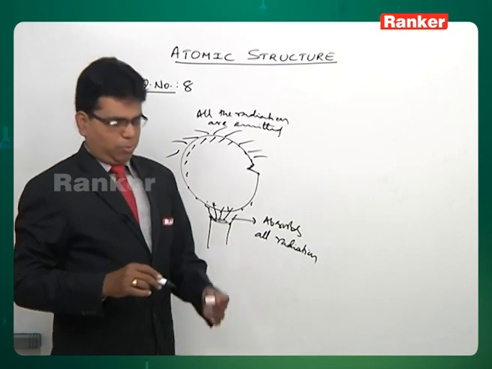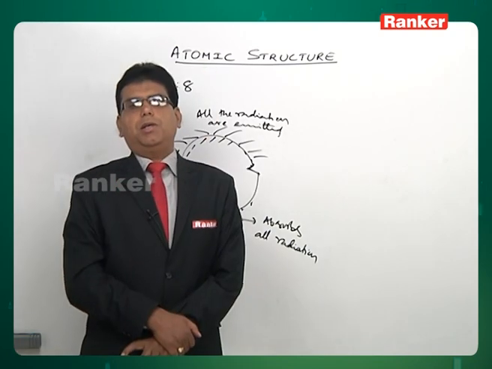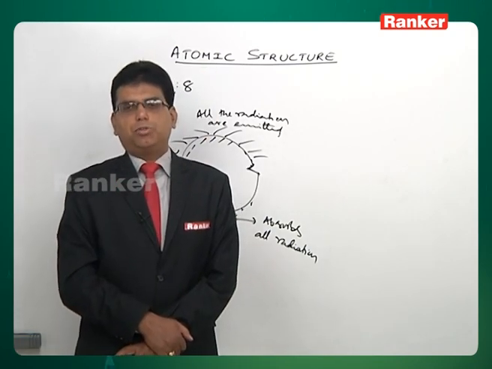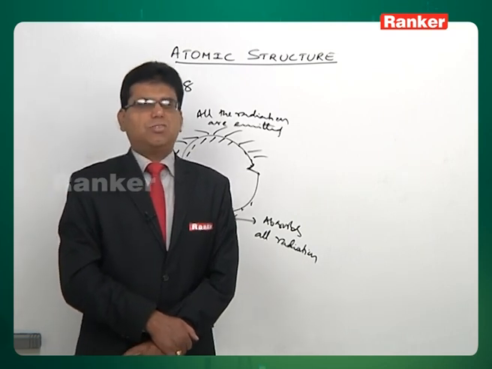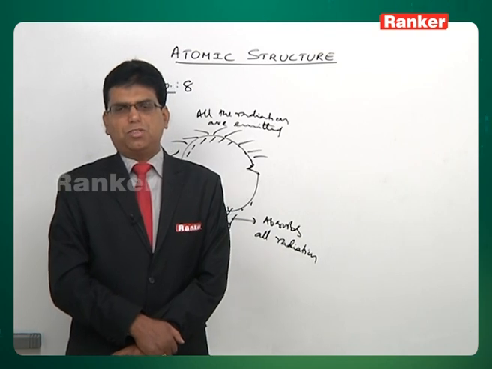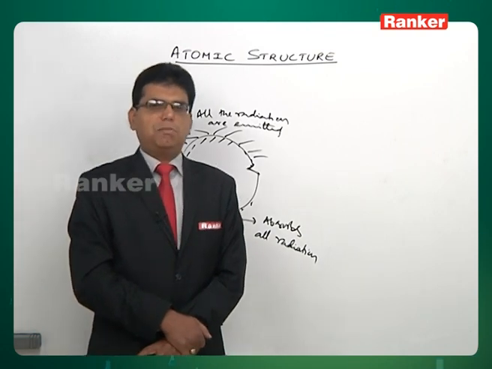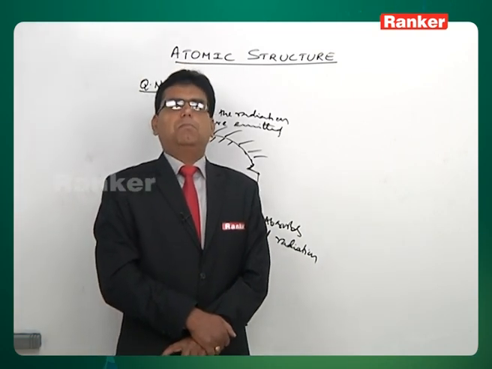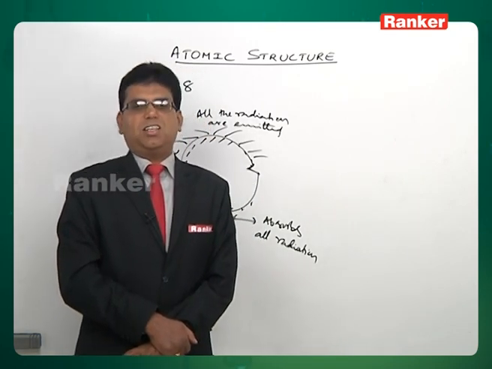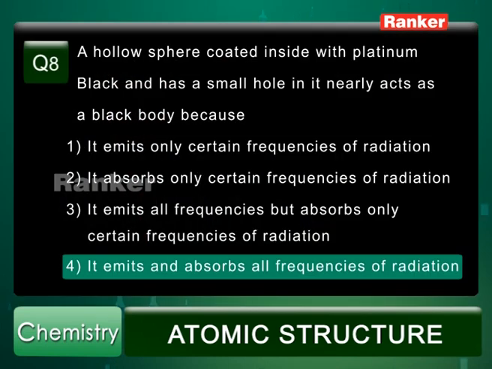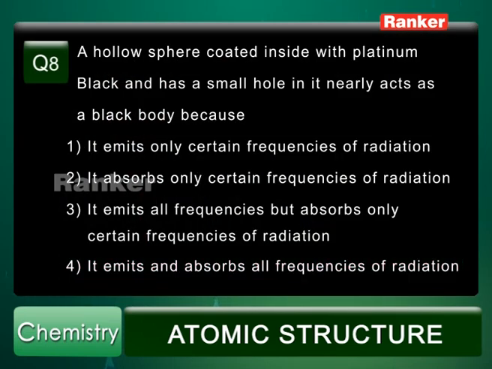This is what is called a black body. Any body which absorbs all radiations, in the sense of all wavelengths and frequencies, as well as emits them, is called a perfect black body. So it emits and absorbs all frequencies of radiation, which is the correct answer. So the correct option is option number 4.